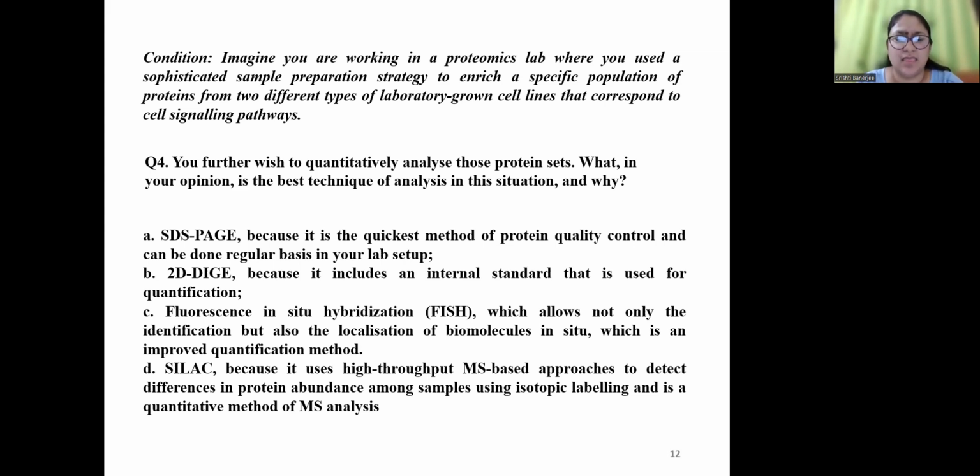C. Fluorescence in situ hybridization. Why do you think it's C? As it mentions here, it not only allows identification but also localization of biomolecules in situ, which is an improved quantitation method. Why do we need to observe the localization? Why do we need that?